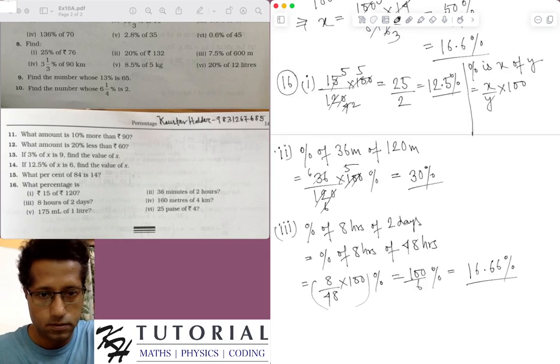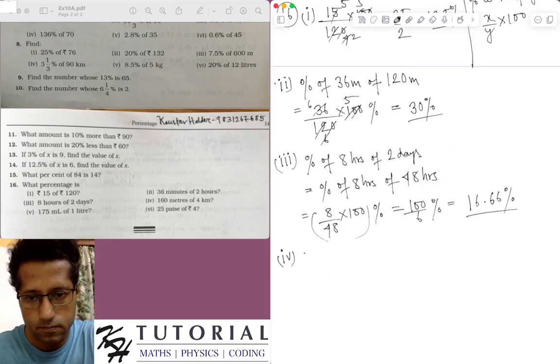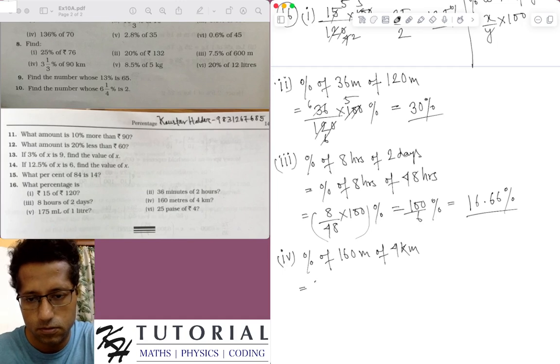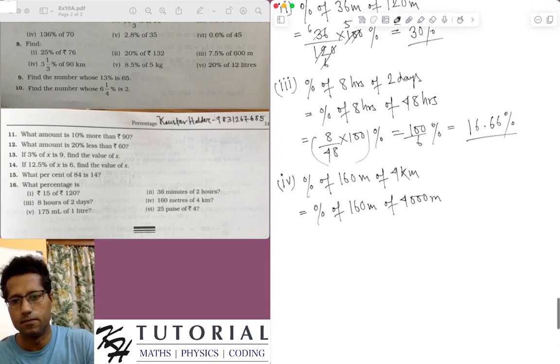Okay, part 4 is asking the percentage of 160 meter of 4 kilometer. We have to convert 4 kilometer into meters. This equals the percentage of 160 meter of 4000 meter. 1 kilometer is 1000 meter.